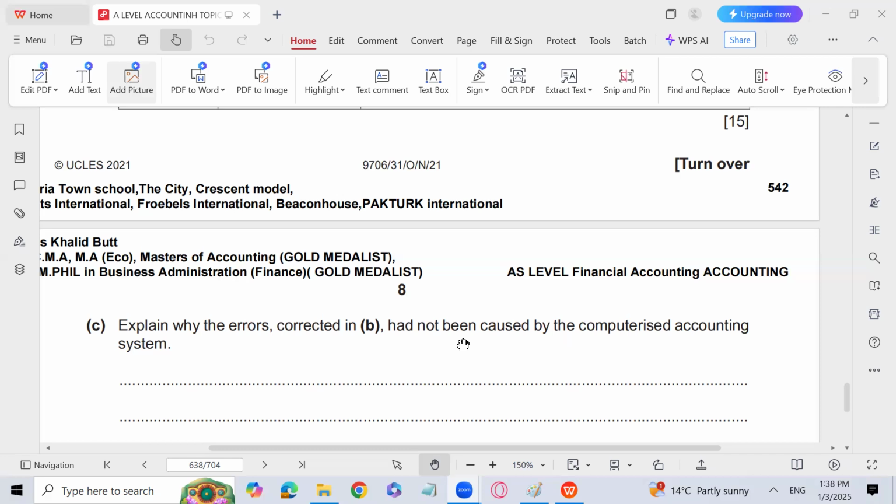But this is not a processing error of the computerized accounting system. This is basically a data input error because we have to give the right method to be adopted by the computerized accounting system. We have to just enter the right data in the computer, and then the computer will process it accordingly.